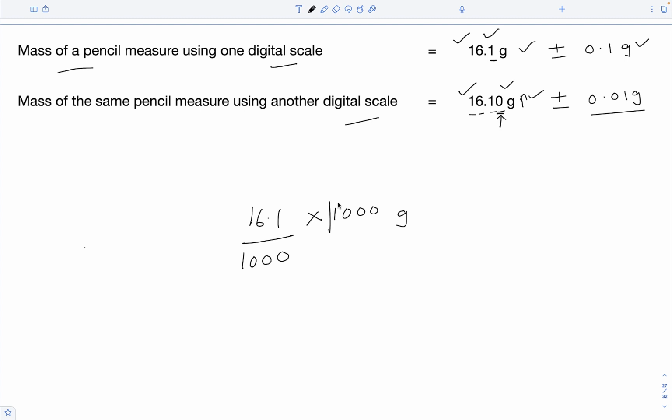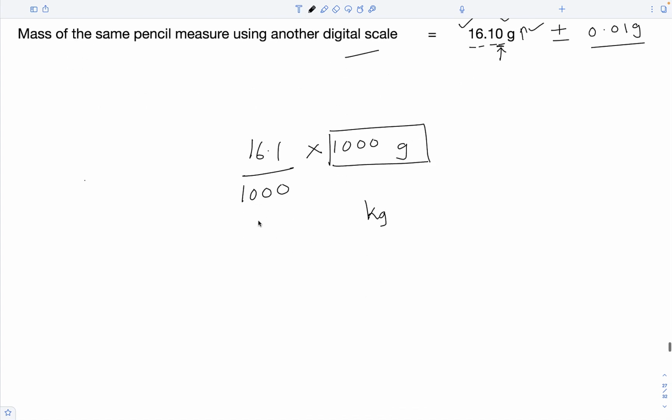Now let us absorb this 1,000 into the unit. You know 1,000 grams is 1 kilogram. So we can write this as 16.1 over 1,000 kilograms. And you know, during division, for each 0 in the denominator, we have to move the decimal point by 1 position to the left.